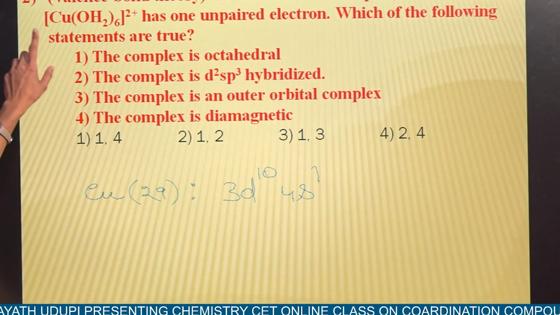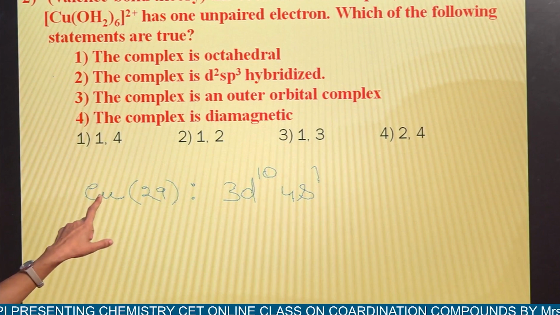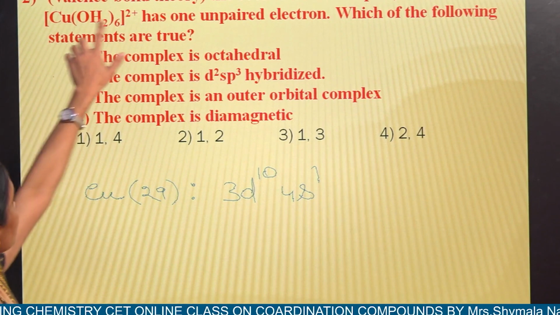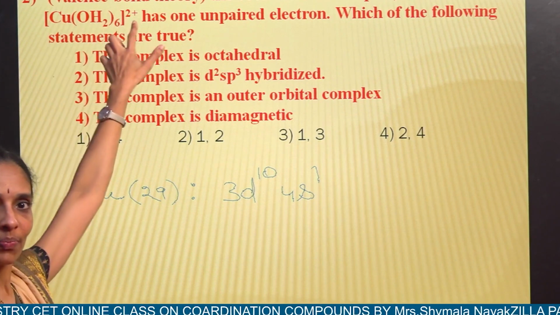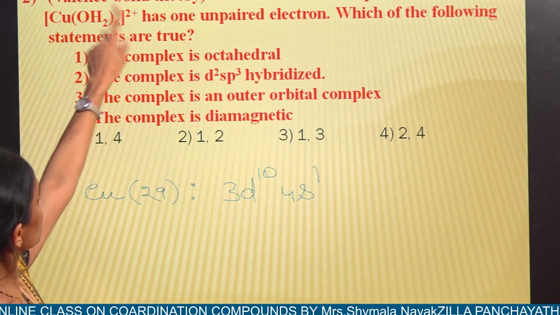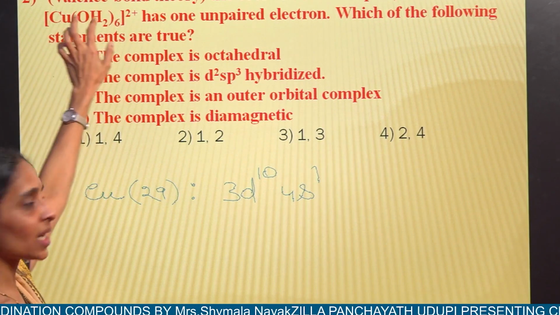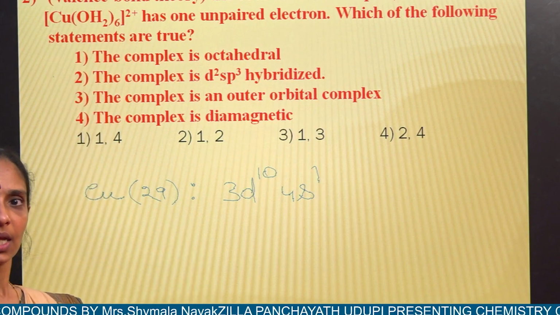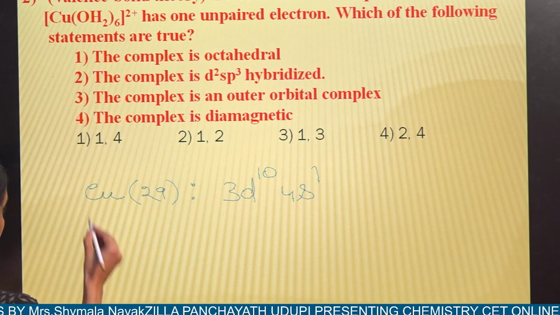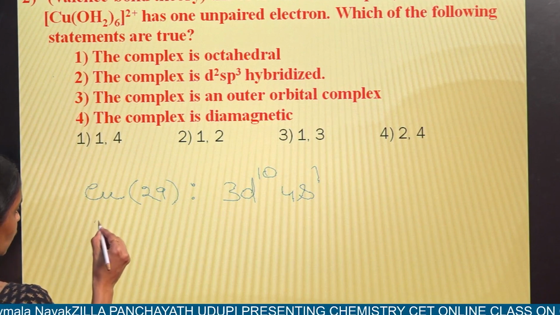But the copper is not present in the atomic form here. It is present in 2+ form because here you have water ligand, aqua ligand, which is neutral. So what is the configuration of Cu2+?